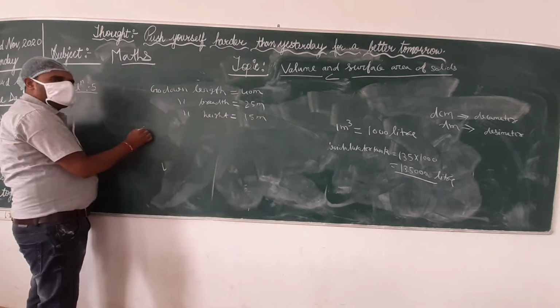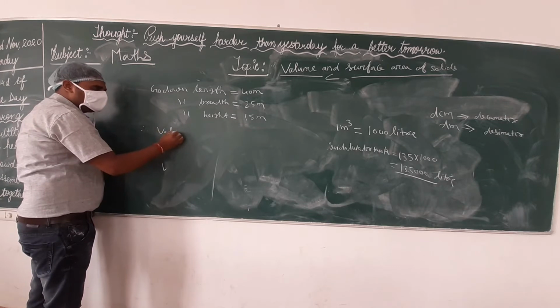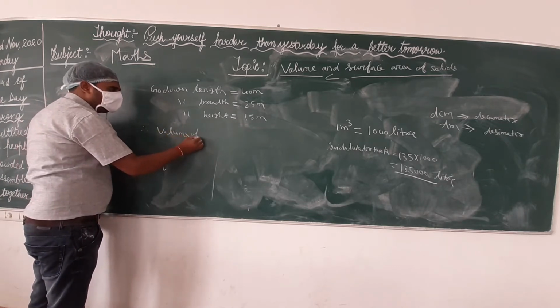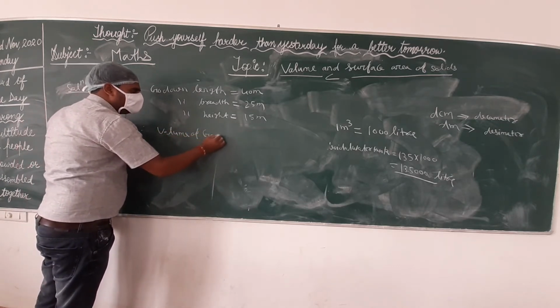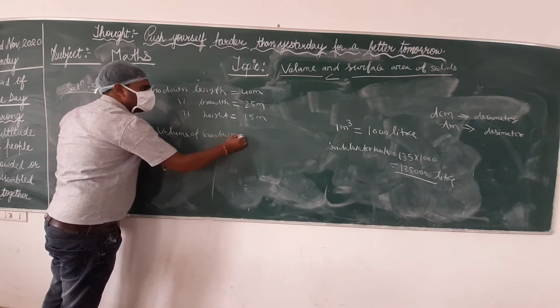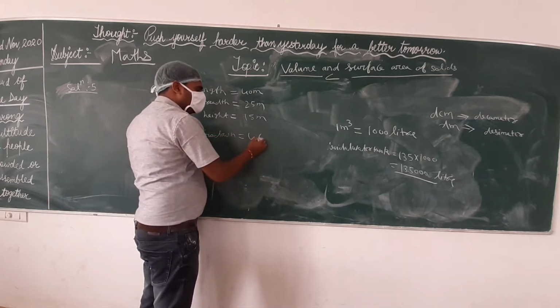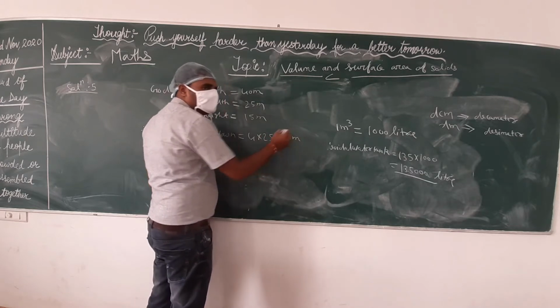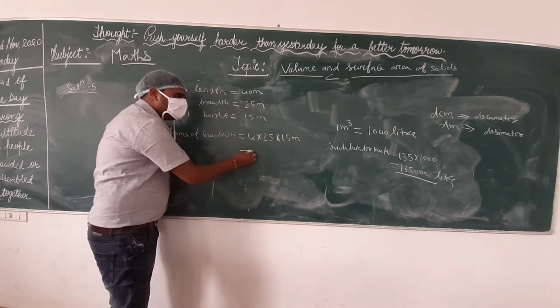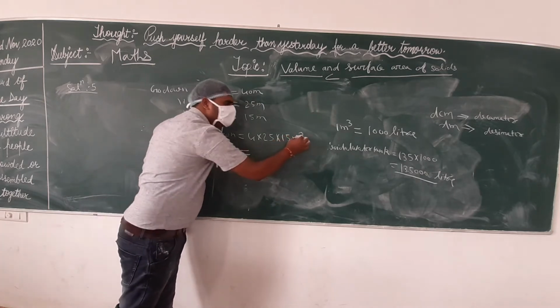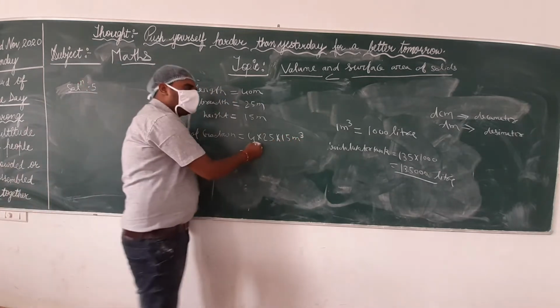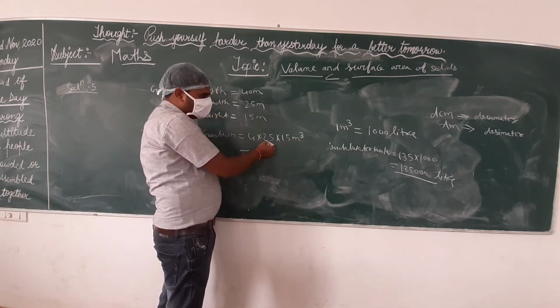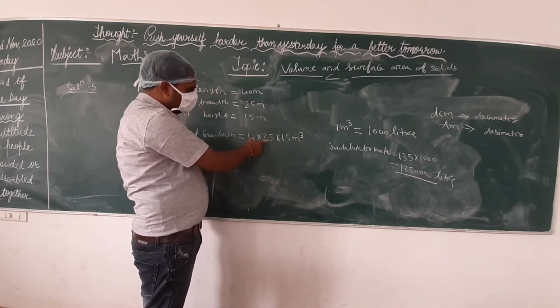Therefore, how do you calculate the volume of the godown? Volume of godown equals 40 into 25 into 15 meter. This implies total volume equals: 25 times 4 is 100.